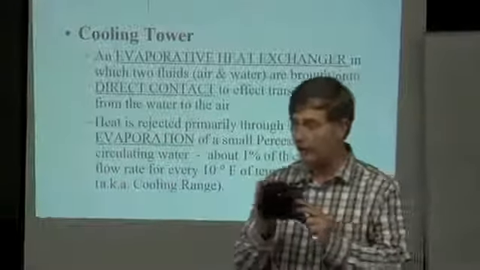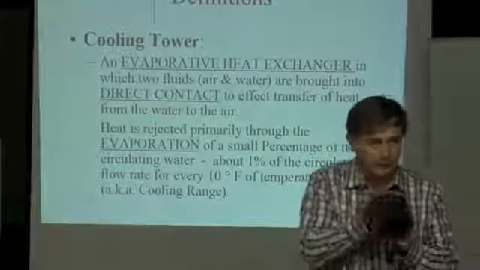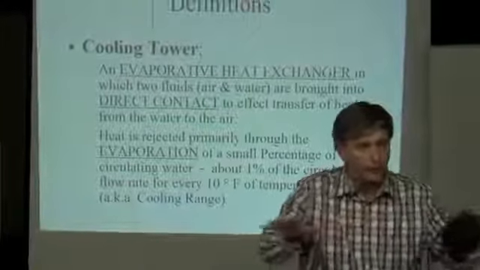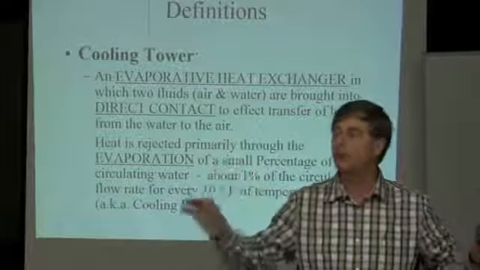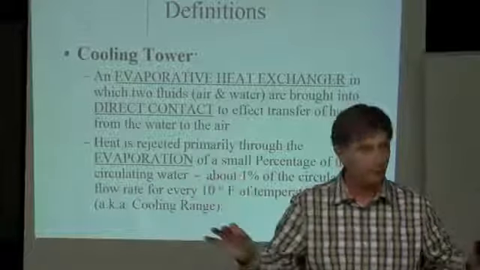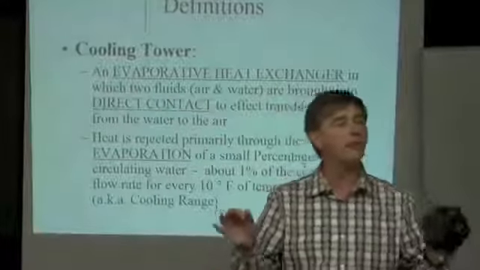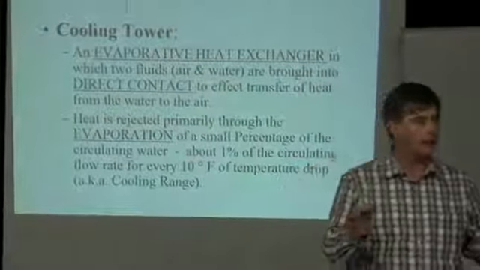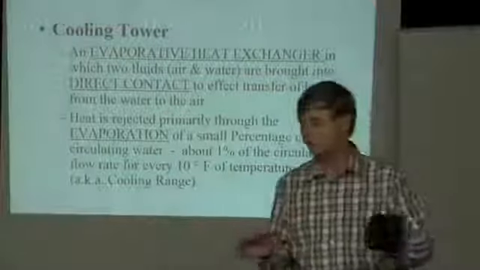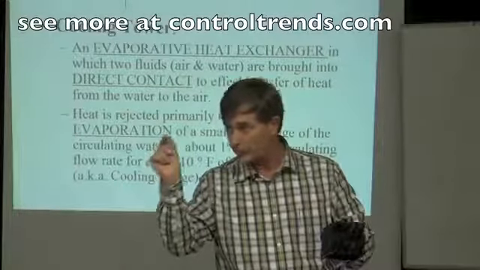Now what's going on when it goes through this is it is breaking that water up and spreading it out so that you've got the thinnest film of water that is practical. And what they're trying to do is promote evaporation. Remember, the latent heat of vaporization. How many BTUs was it? About 970 from when it changes state.